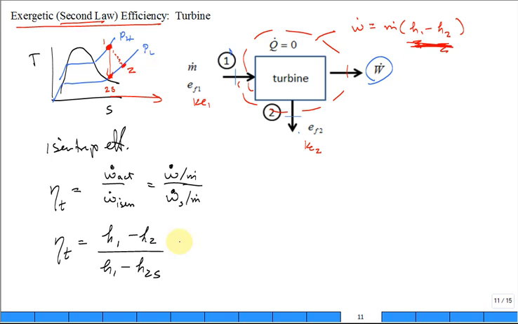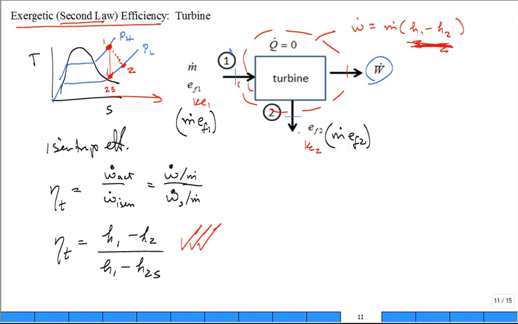So this is a review of our isentropic efficiency for the turbine, but now we want a new efficiency. It's called the exergetic efficiency. We already talked about the flow of exergy coming in. Wasn't that the mass flow rate, EF1? Wasn't that the so many kilowatts of exergy flowing in with the fluid? Guess what M dot EF2 is going out?